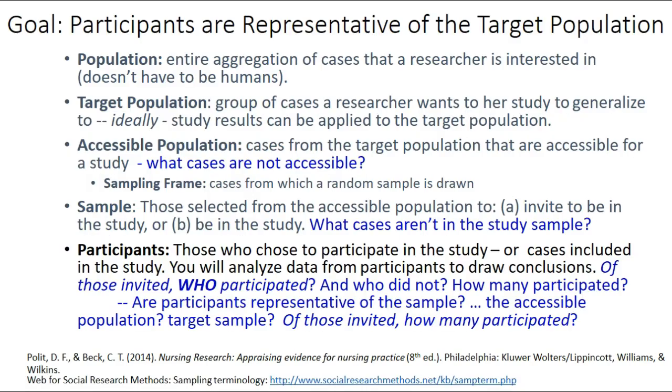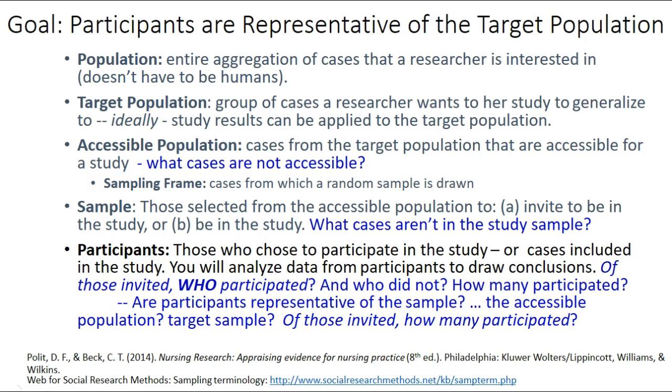And so what's important as we think about the issue of a representative sample and these potential biases, it's very important to think about that slippage at some of these steps. And so when we think about this target population, we need to think about what are those cases that aren't accessible.